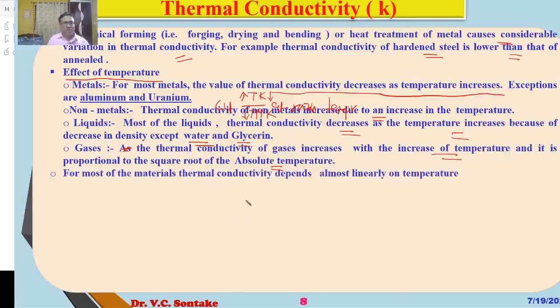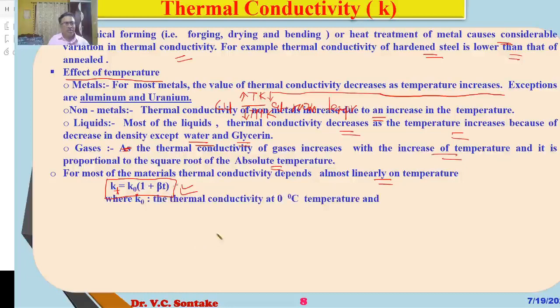For most materials, thermal conductivity depends almost linearly on temperature. So we can give the dependence of thermal conductivity on temperature for different materials by this equation, where K is the thermal conductivity at some temperature T, and K0 is the thermal conductivity at 0 degrees Celsius.